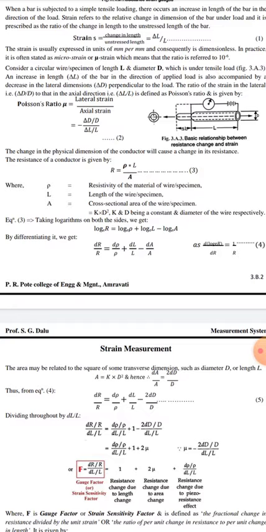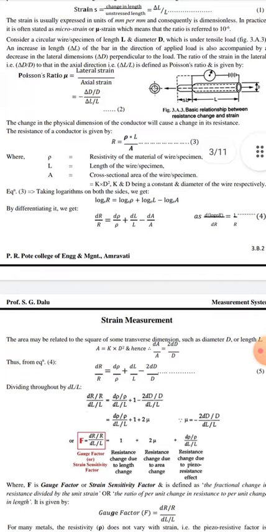Okay, so that dr by r divided by dl by l is nothing but the gauge factor, or strain sensitivity factor. Then 1 is the resistance change due to length change, 2 mu is the resistance change due to area change, and d rho by rho divided by dl by l is the resistance change due to the piezo resistance effect.